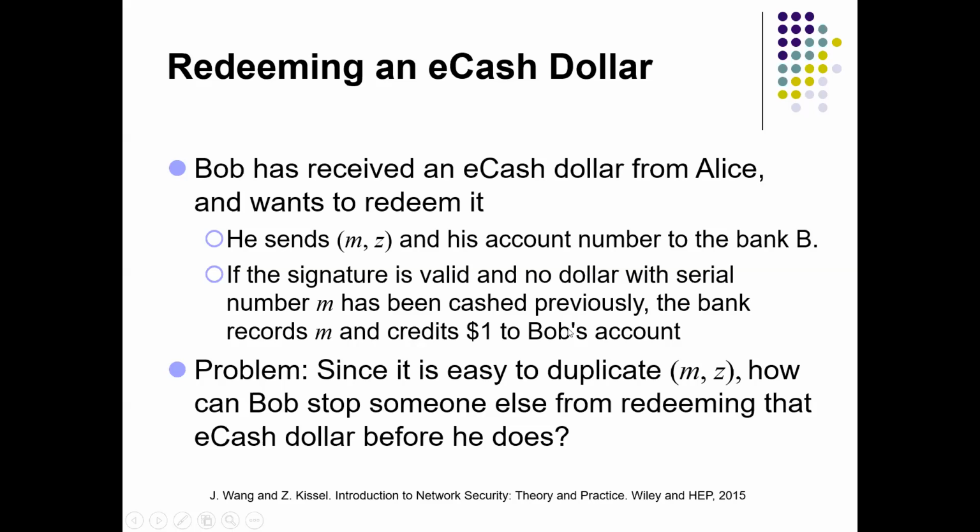But nevertheless, using blind signatures in electronic cash ensures anonymity and untraceability, which is one of the most important properties that cash should have.